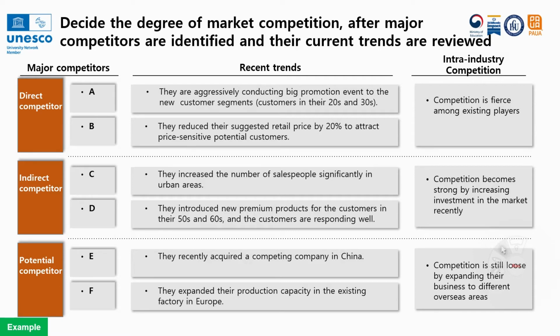So as I have introduced earlier, the first thing we have to do is identify the major competitors of our company, and then collect the data about their trends using various methods, and then we can assess the degree of competition among the competitors in the market.